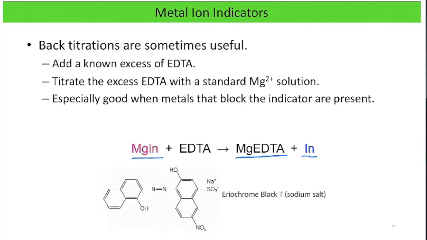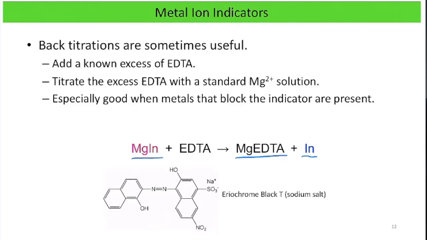Since we passed the endpoint, there's a certain amount of EDTA that was needed to get to the endpoint, and then we've added excess EDTA after the endpoint. So now we have to figure out how much excess EDTA we've added, and in order to do that, we would use a standard solution of, say, magnesium or some other metal to react with that excess EDTA and bring us back to the endpoint.